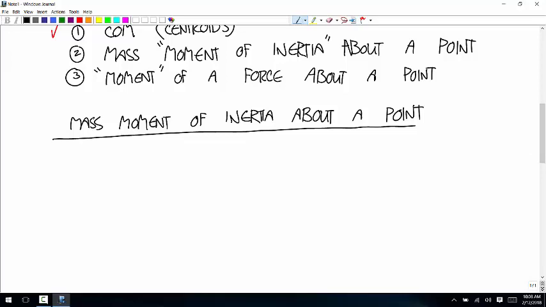And you can think of this as just the rotational version of mass. So similarly to how mass measures an object's resistance to acceleration.